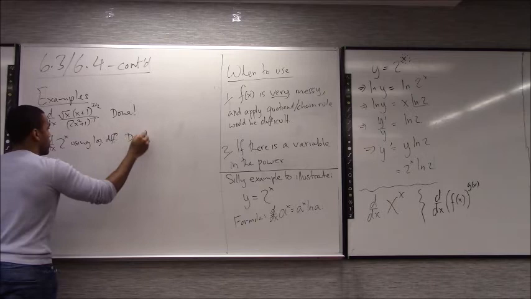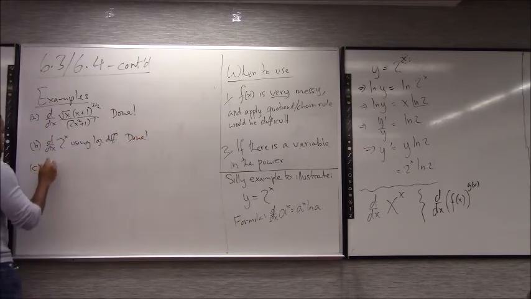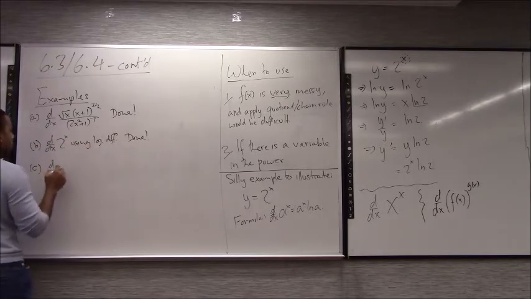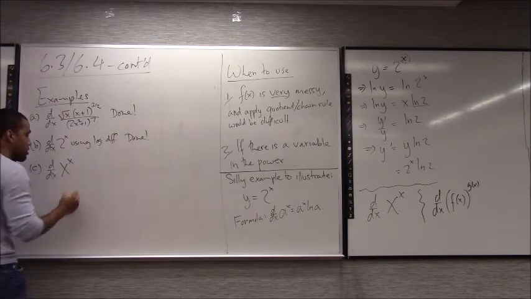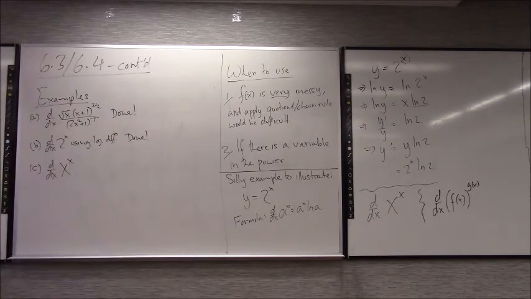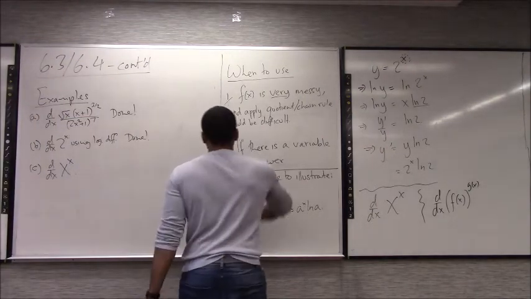Done. Next example. This was just an illustrative kind of example. I don't expect you to use log differentiation for something like that. Let's differentiate x to the x. Now you would notice that we don't have a rule for this. We have a rule for a to the x and we have a rule for x to the a, but we don't have a rule for x to the x.